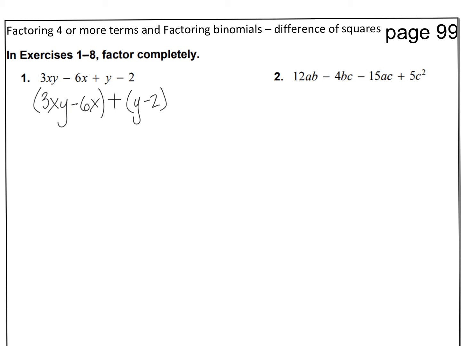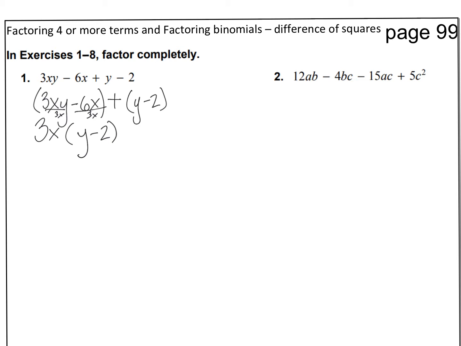This first group, 3xy minus 6x: both of these are divisible by 3, and they have x in common. We'll divide both of these by 3x. 3xy divided by 3x is y. Negative 6x divided by 3x is negative 2.